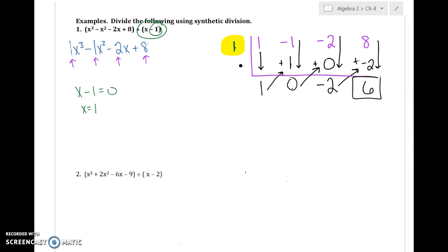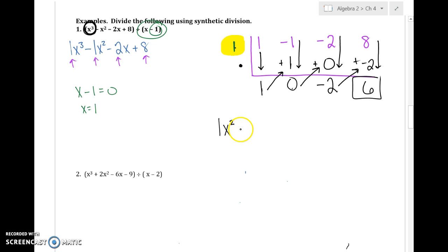All right. Here's how the answer is formatted. I started with x to the third. Your answer is always going to be one exponent less than your biggest exponent. So I'm going to start with x squared. This 1 at the bottom means 1x squared.